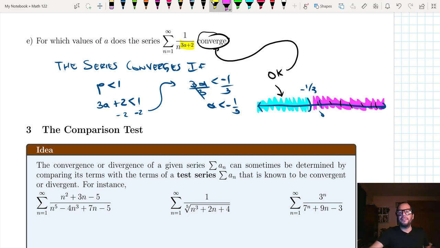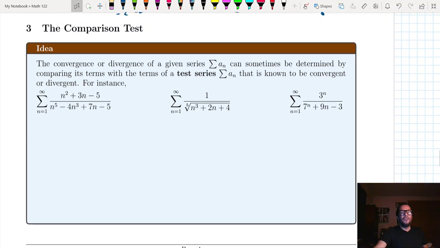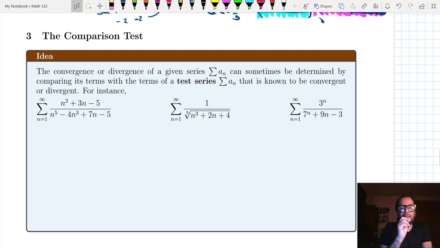Okay, so let's see. Let's look at another test, the comparison test. Okay, what are we going to do when it comes to comparing? Okay, so we are going to determine the convergence or divergence of an ugly looking series like the ones you're looking at here in the blue box.